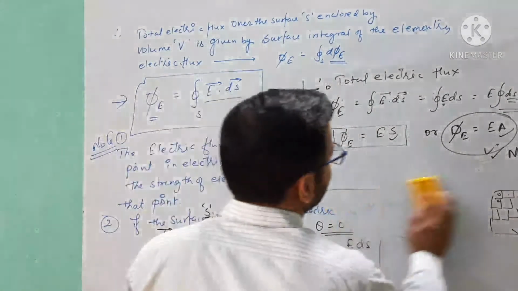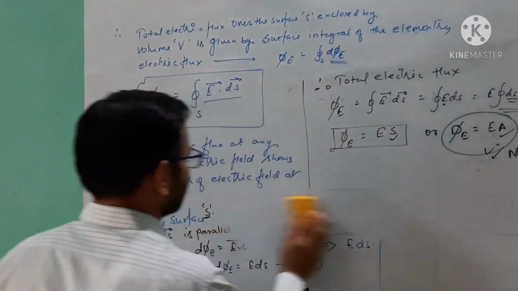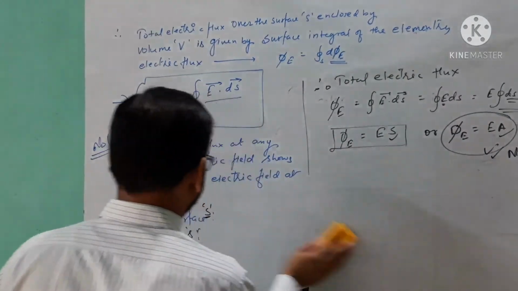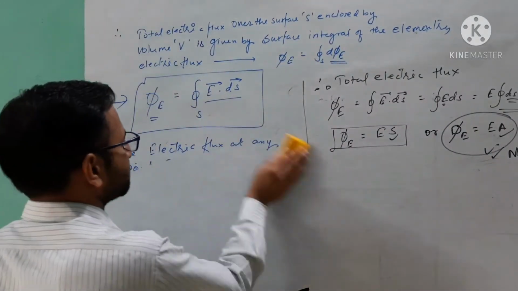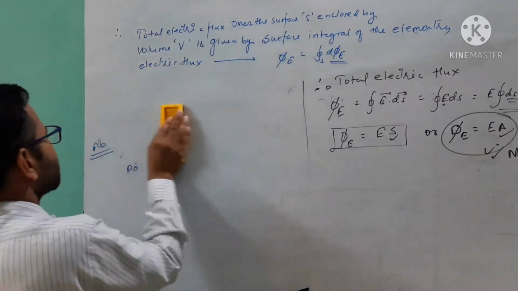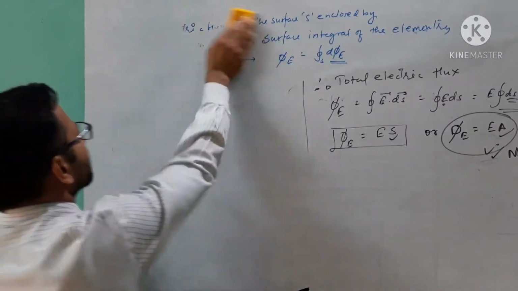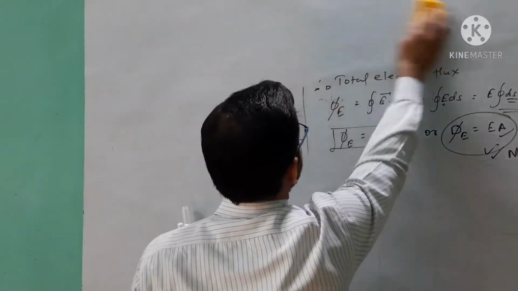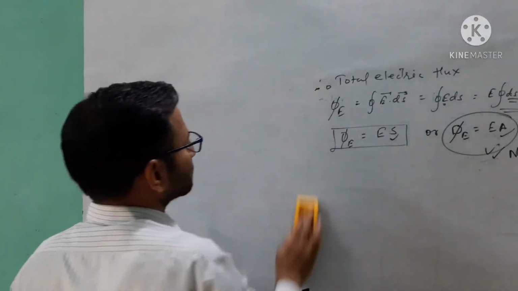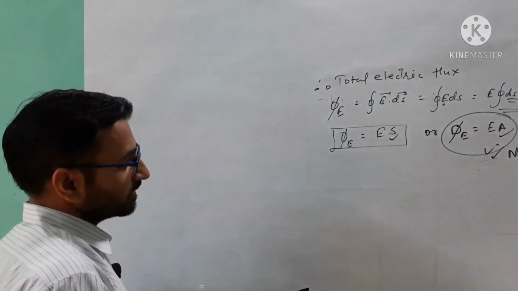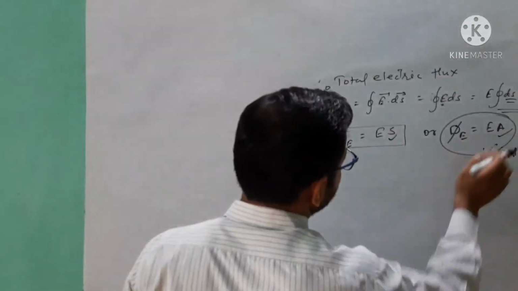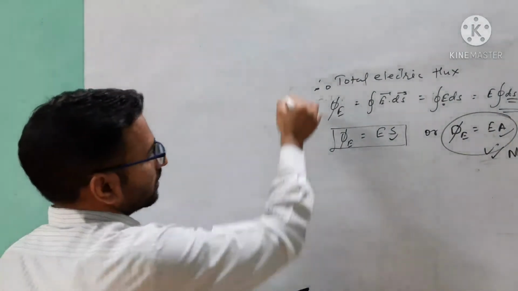Now see, after that, students, we will talk about the next condition: phi is equal to E A, we have here.